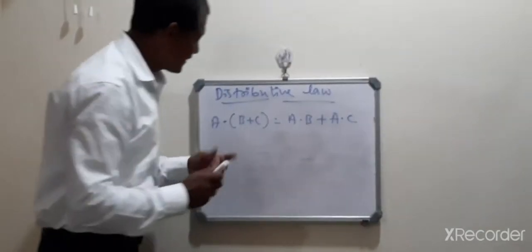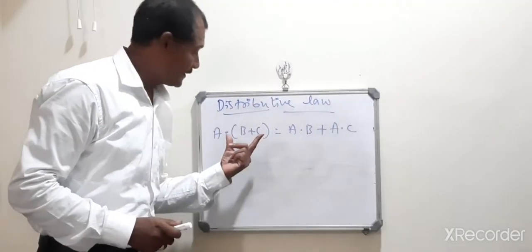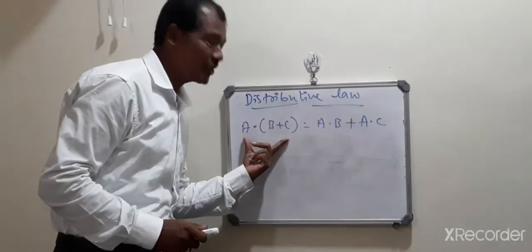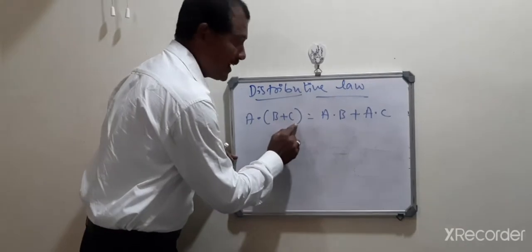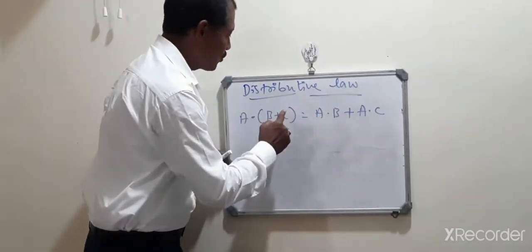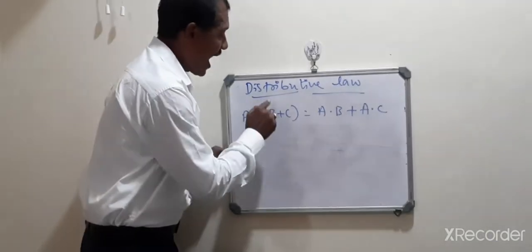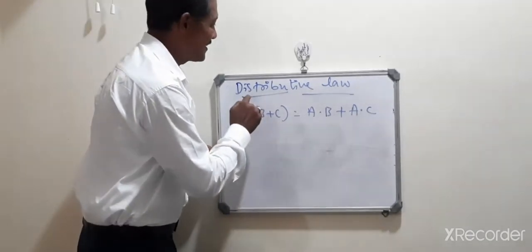In this example B plus C is ORed. This group is ANDed with a single variable. Written this way, it is the same. So that is the distributive law.